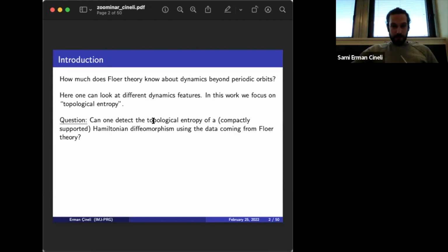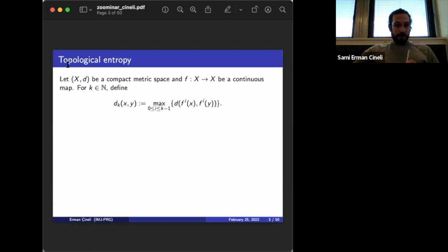So I will come to that, but first let me recall a definition of topological entropy. So X is a compact metric space, and let's take a continuous map F from X to X. For each natural number k, we define another metric on X. Given x and y, we look at the orbits under F up to iteration k, and then take the maximal distance.